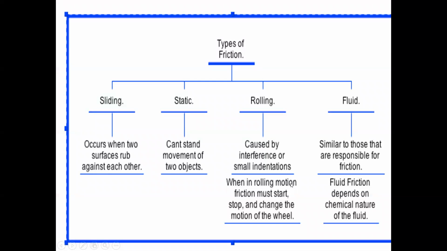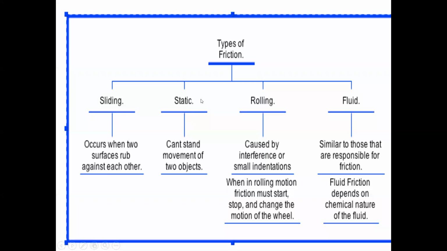There are basically four types of friction. Sliding friction means that once one body moves in relation to another, sliding occurs. In case of sliding, the two bodies in contact must be moving relative to each other.